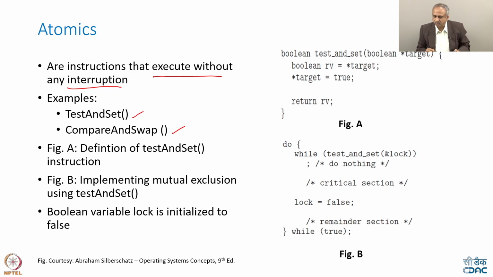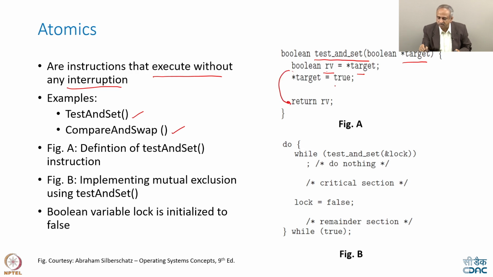Here we have this function called test and set, which returns a boolean value, that is true or false, and it operates on a variable called target, which is in a memory location, and the pointer to that is called target. So what is it that we do? We first use a return value as a local variable which reads the current value of target, and that is returned.